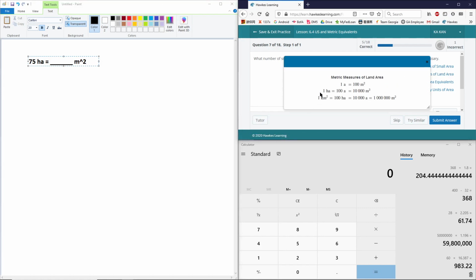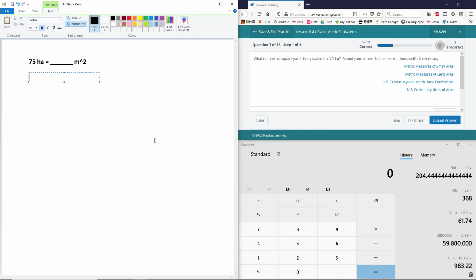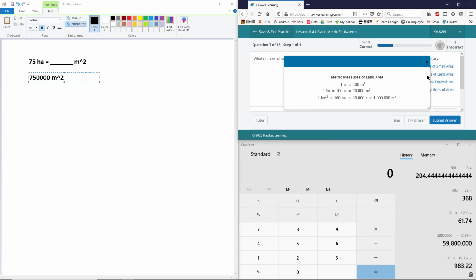It says 1 HA is 10,000 square meters. So that really is just 75 times 10,000, that's basically what we got. 750,000 square meters. So just add 4 zeros in the back.